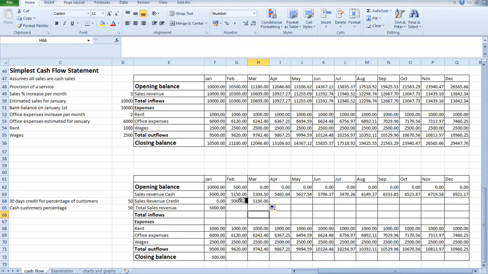You may also have noticed that of course the 50% will be equal to that figure as well. In other words, 50% of cash is collected as 5,150 in February, therefore the other 50% is credit, will be 5,150 collected in March. So we can just pull that along. Now I have my total sales revenue for each month of the year, which I've now managed to enter.